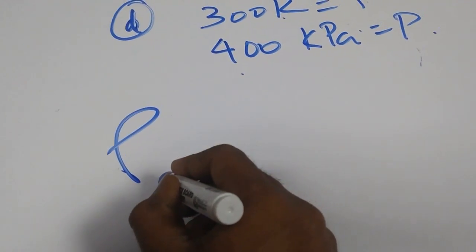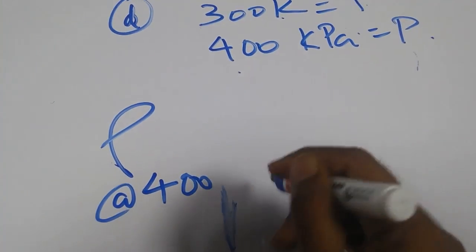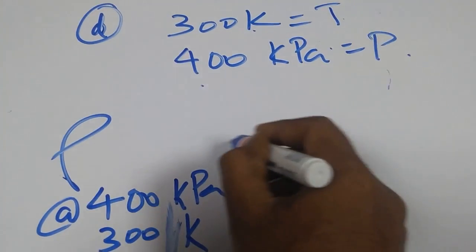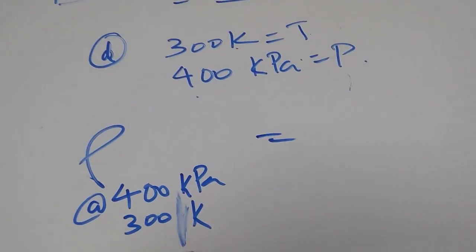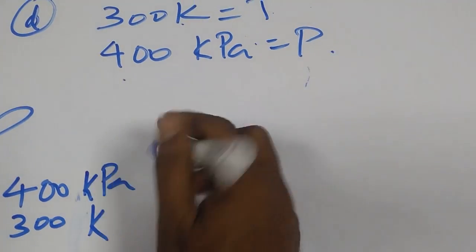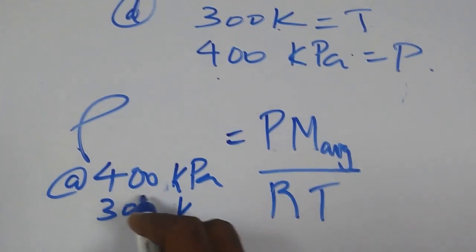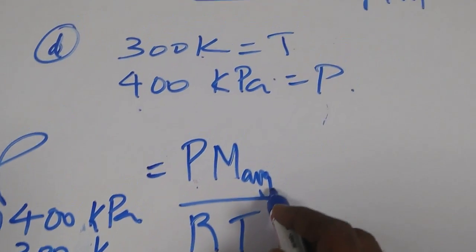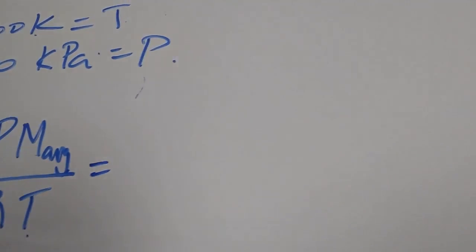Density of this natural gas at 400 kilopascal and 300 Kelvin is equal to Pm average by RT. The formula is the same; R is the same, M average is the same. So please substitute and complete the problem.